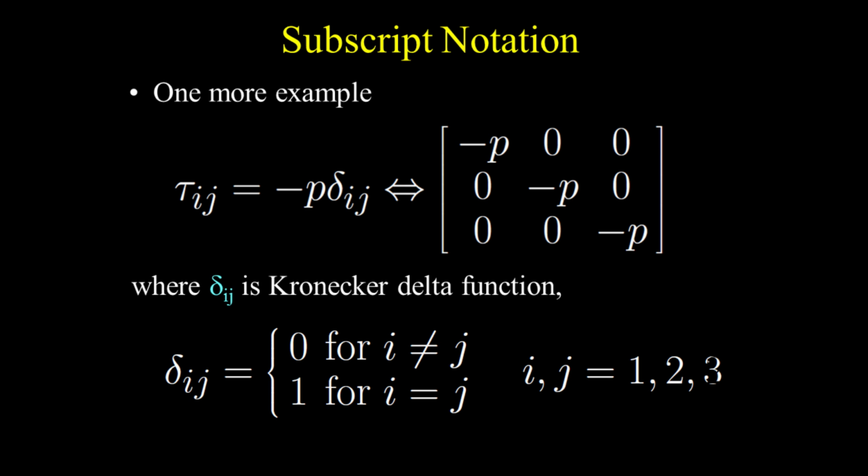That is, delta ij is 0 when i is different than j, and delta ij is 1 when i is equal to j. Notice how compact the description of stress tensor in non-viscous fluid is.